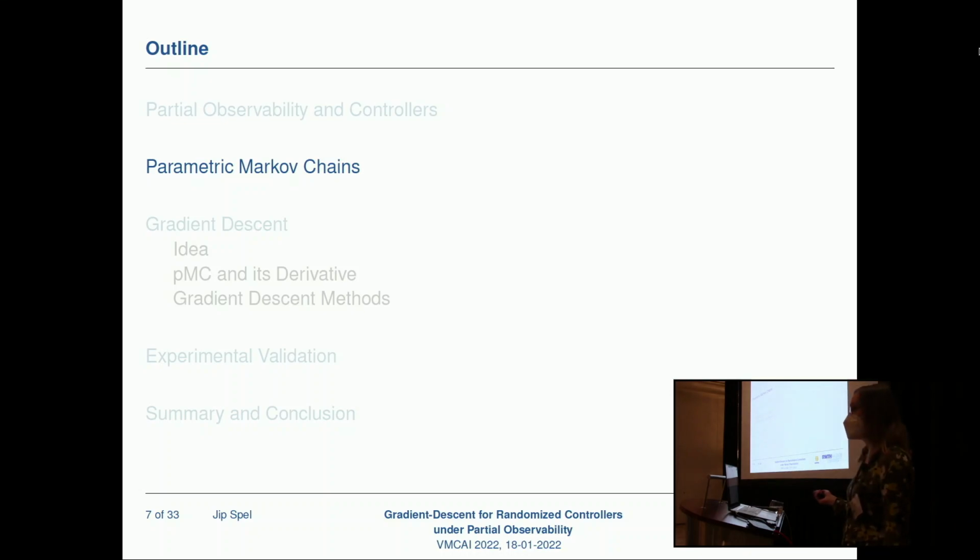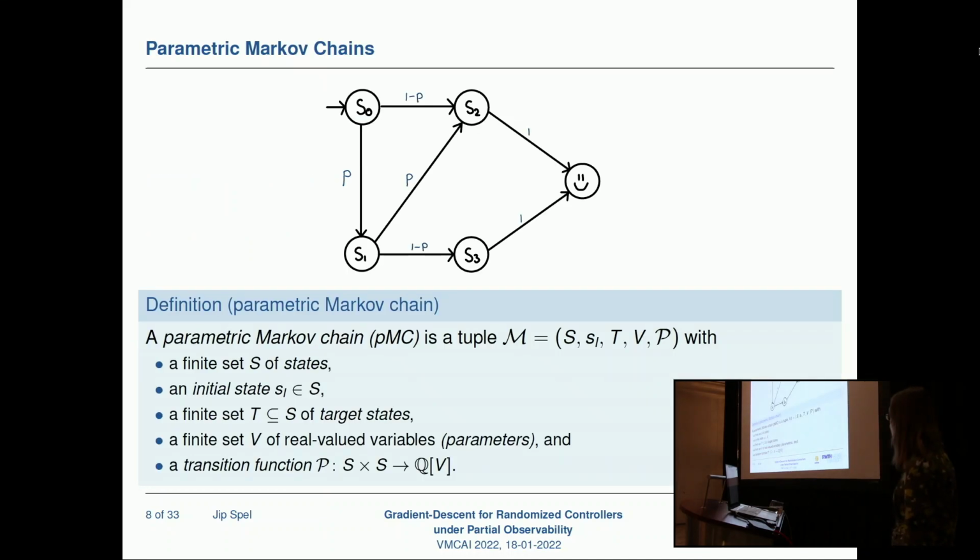So next, parametric Markov chains. Here we see a parametric Markov chain. It's like a normal Markov chain. We have states. We have some initial state, in this case, state S0. Then we have a set of target states. In this case, our target state is the happy smiley.